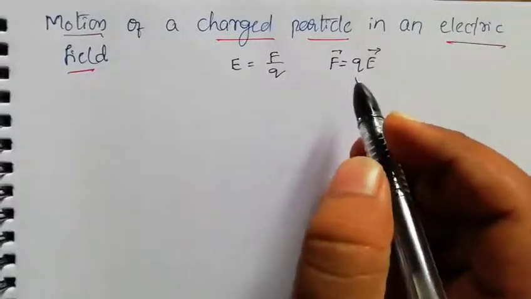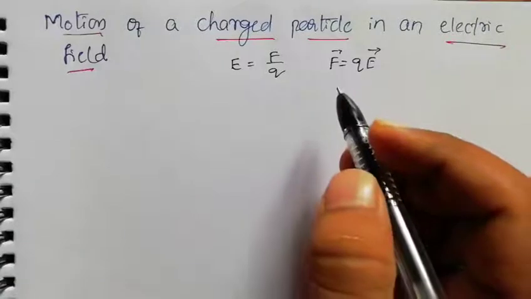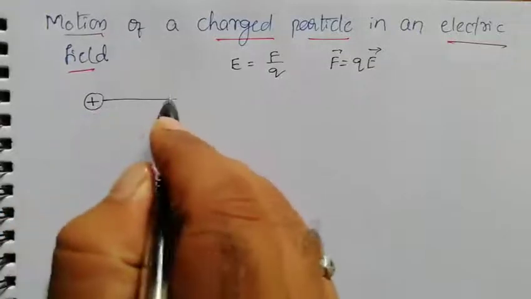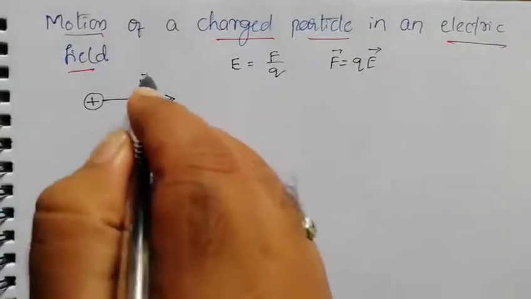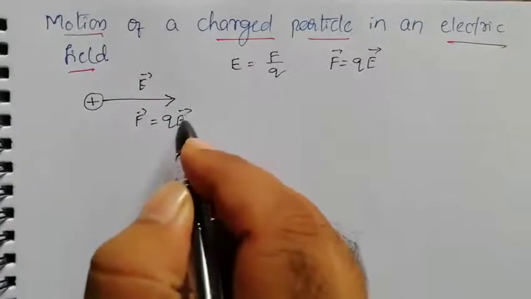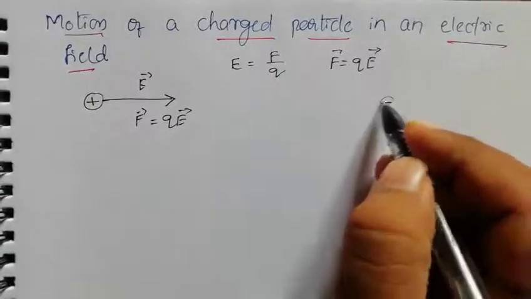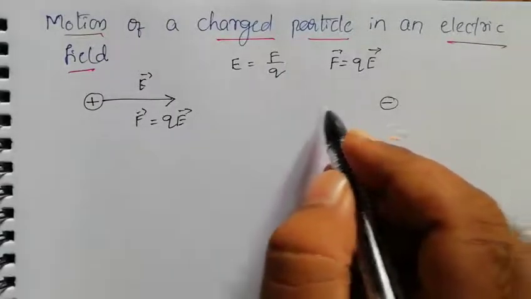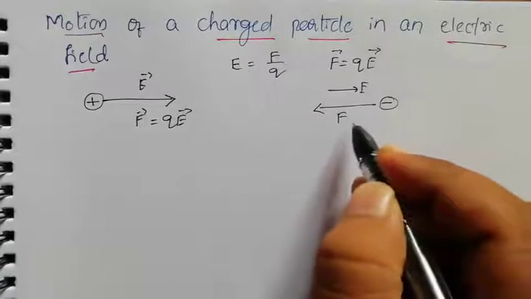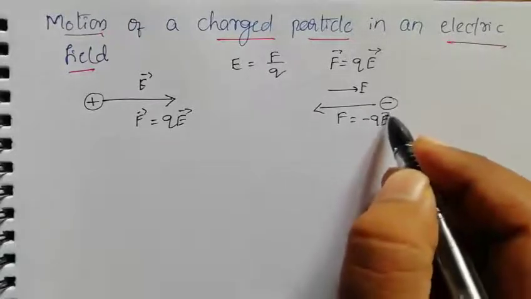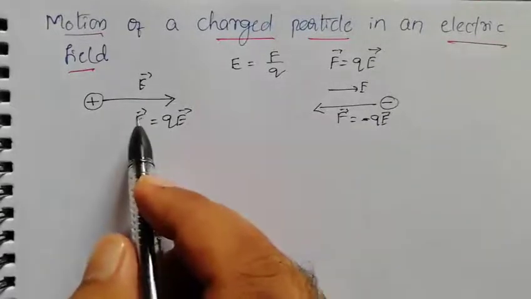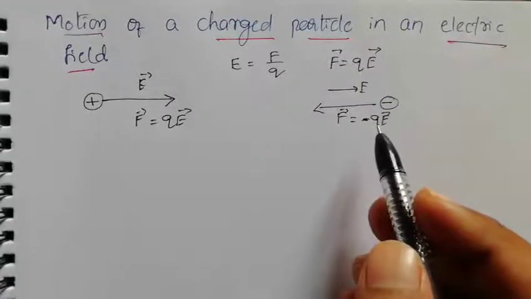If I take a positive charge, electric field will be in this direction, then force will be in the same direction as Q into E. But in the case of a negative charge, electric field will be in this direction, but force will be acting in this direction, that is F equal to minus Q into E. So for positive, it is along the same direction as the electric field, and for negative, in the direction opposite to the electric field.